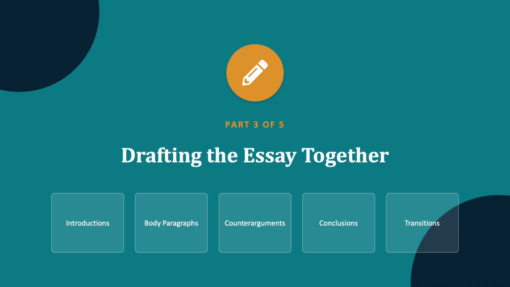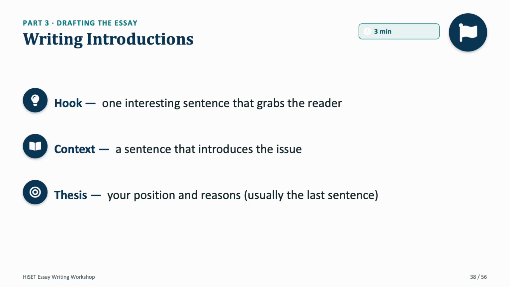Now we're ready to move from the plan to the actual essay. We already know what the introduction does, and we know how to write a body paragraph. We know how to acknowledge the other side, and we know how to conclude. We're going to put it all together now. Let's review the introduction. It has three important parts: the hook, the context, and the thesis.